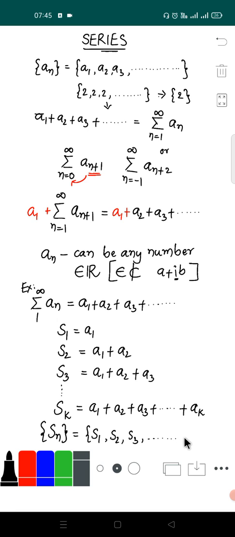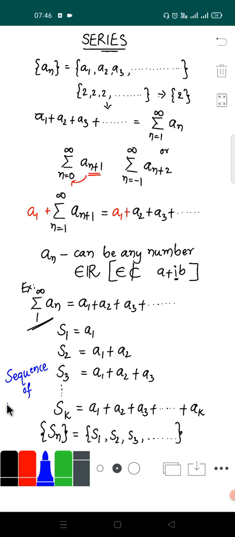When it reaches infinity, s infinity equals the sum of all the infinite numbers of the series represented here. This sequence is called the sequence of partial sums.